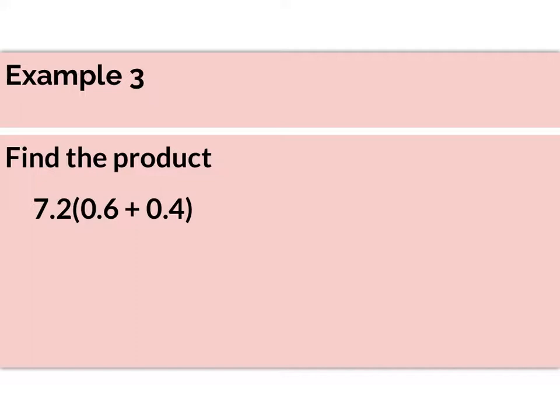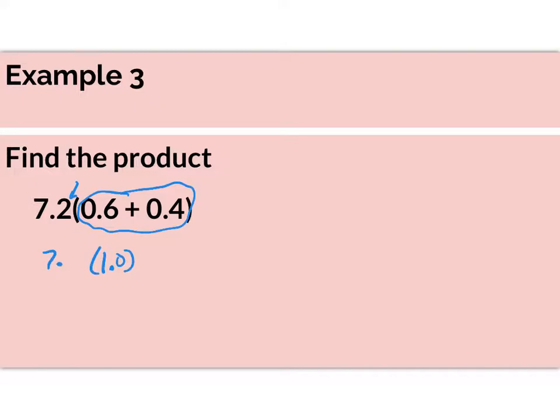Okay, we have a third example here. Okay, so now we see a number next to a parentheses. So we're going to combine the numbers inside the parentheses. So do what's inside the parentheses first. 6 plus 4 is 10. 1.0.